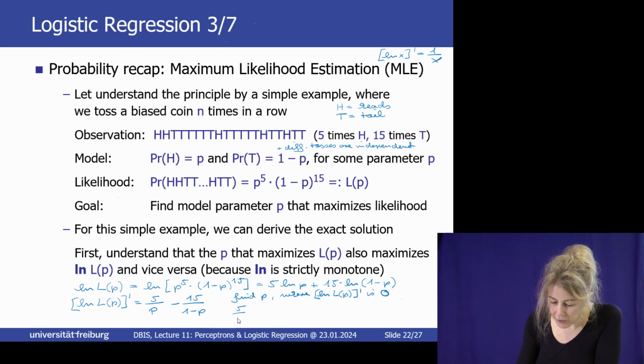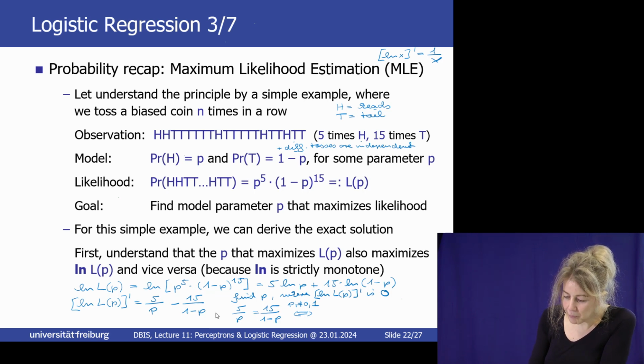Let's do the following. F of p, that's 0 when these two are equal. 15 of 1 minus p. And that's equivalent. It's only equivalent when p is neither 0 nor 1. Otherwise it's not equivalent and strange things happen.